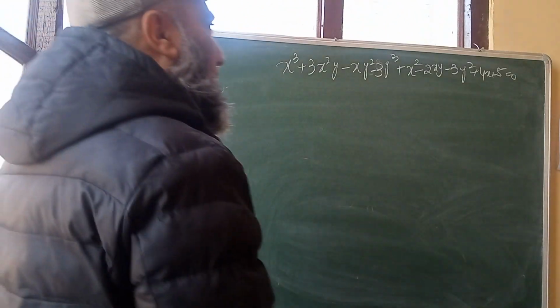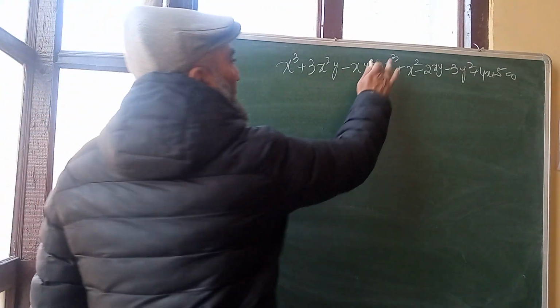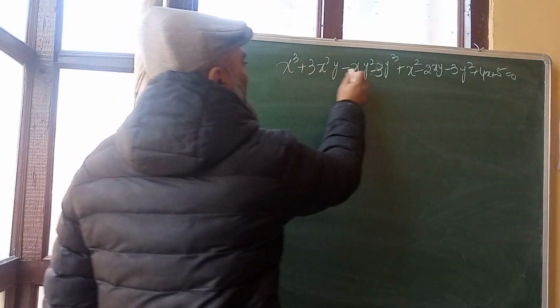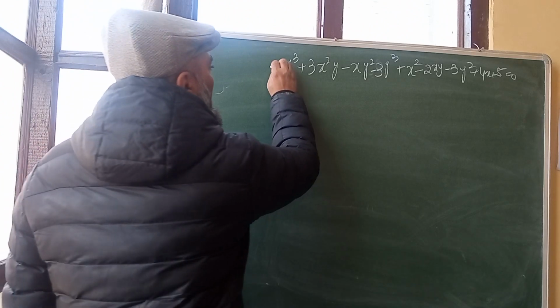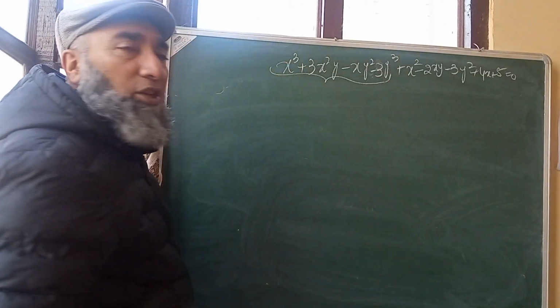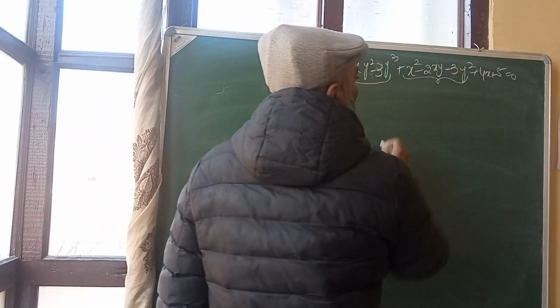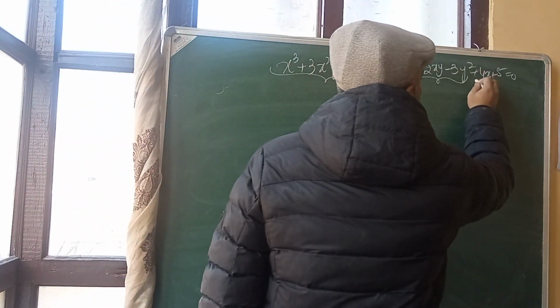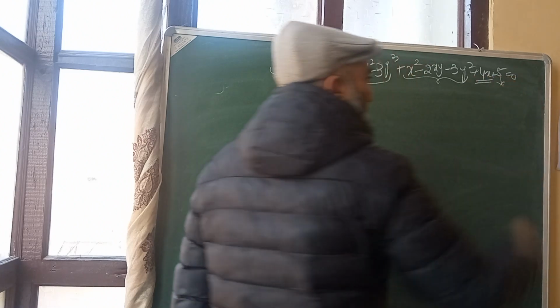See, this is a cubic in x and y, wherein x cube and y cube are present, right? These are the terms whose degree is 3. These are the terms whose degree is 2. This is the only term whose degree is 1, and this is constant, right?